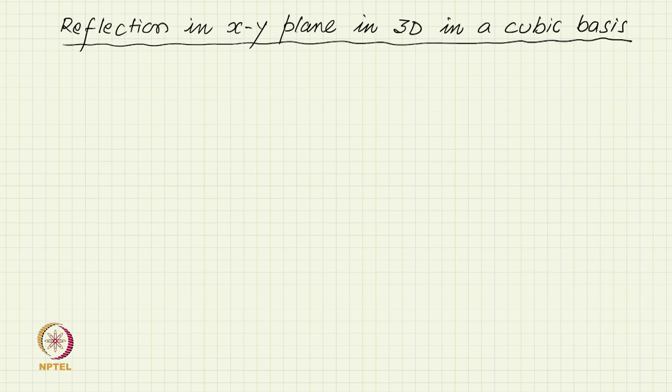So, let us generalize to reflection in 3D, but we take a cubic basis for simplicity, but it does not have to be cubic, it is totally general, it is independent of the coordinate basis and it is independent of the kind of symmetry operation you are having.